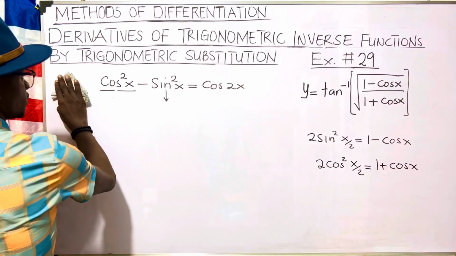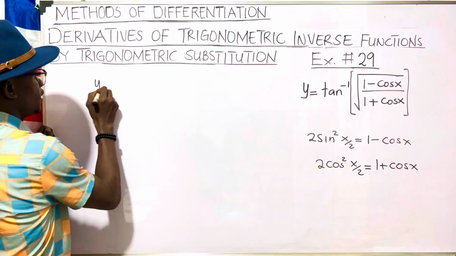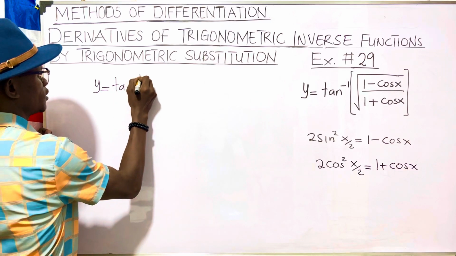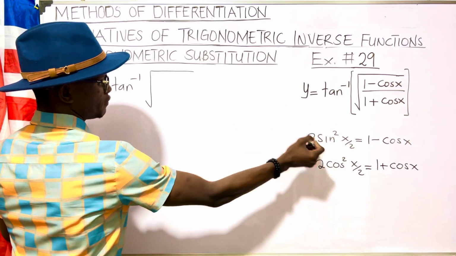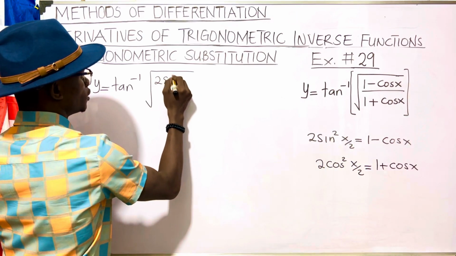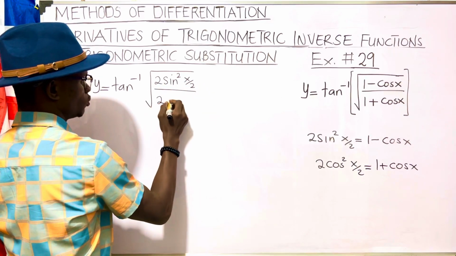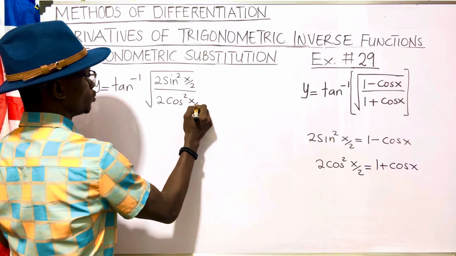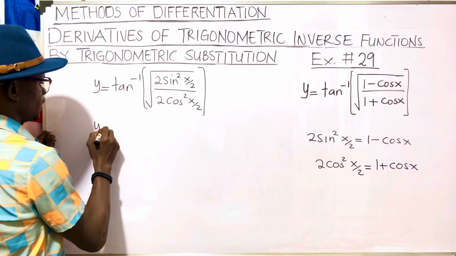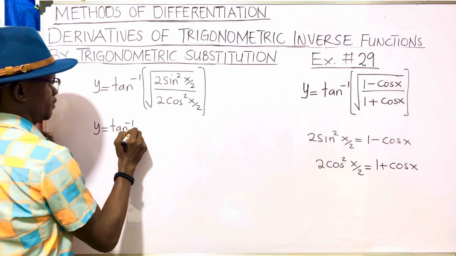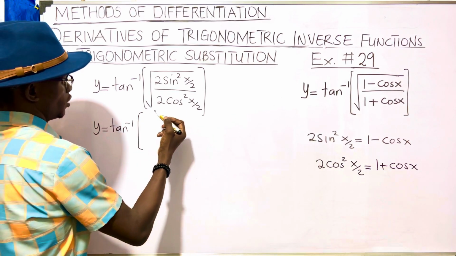Now let's go and do the substitution. So we have y equals tangent inverse of the square root of, in the numerator, 2 sine square x over 2, and in the denominator, 2 cos square x over 2. So y equals tangent inverse of, what do we have?